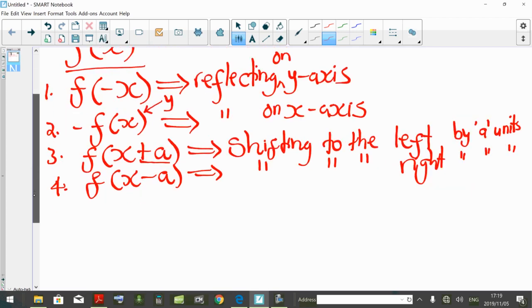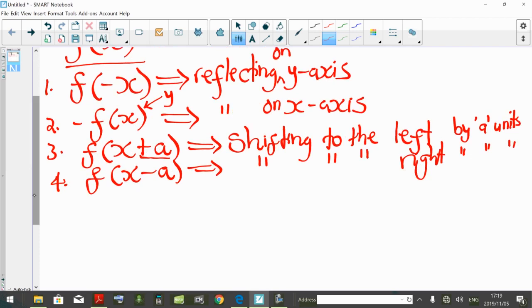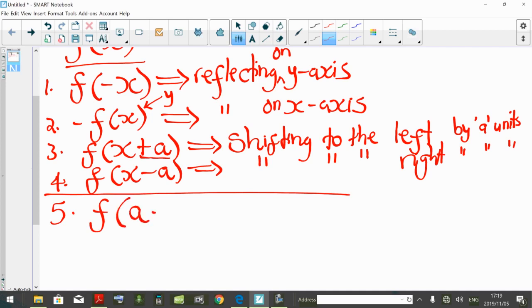We could combine two of these transformations. Take, for instance, this scenario where we have f of a minus x. A very interesting scenario. There are two transformations here, as you can probably see.